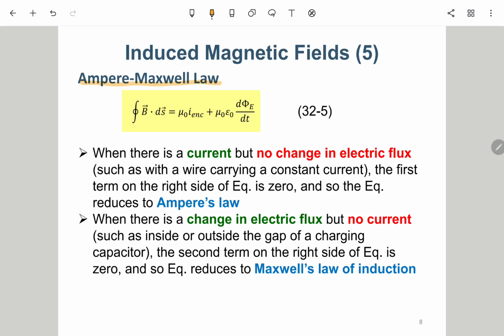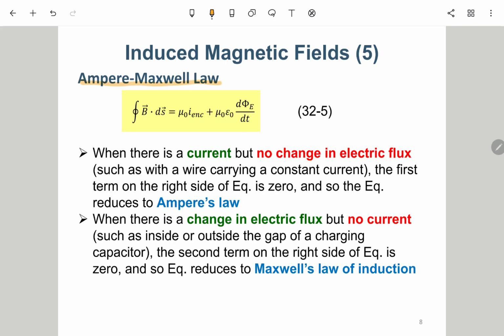Or maybe you find other material from another textbook or the internet that just calls the whole thing Ampere's law. So this is just a name. I don't think it is that important, in my opinion. Maybe some other physicists don't agree, but this is fine. Just a name, I would say.